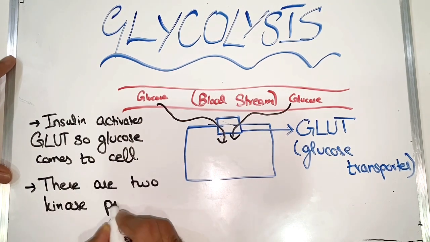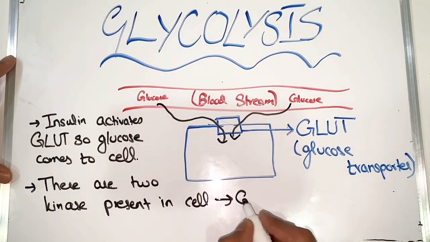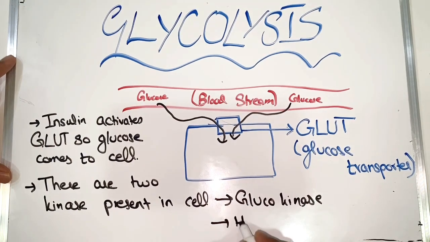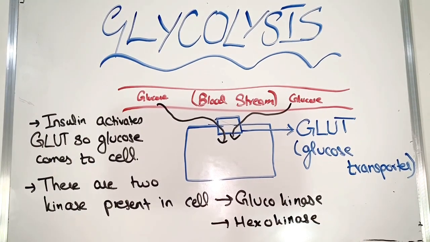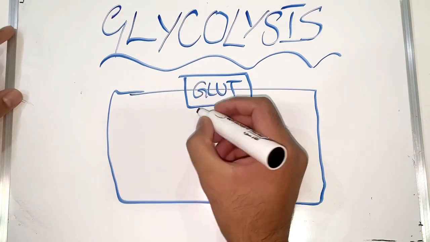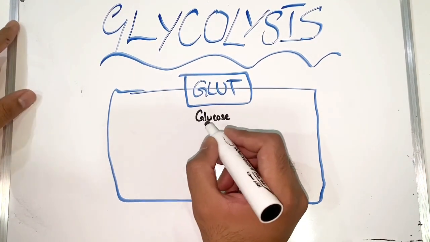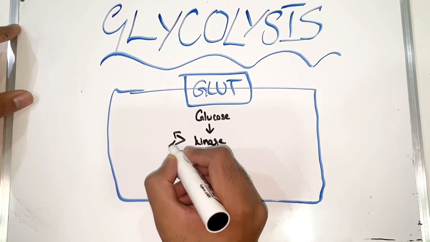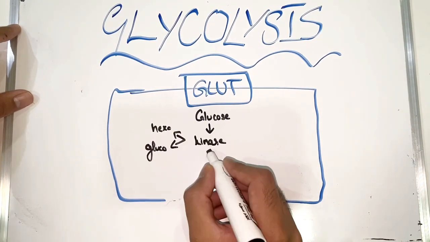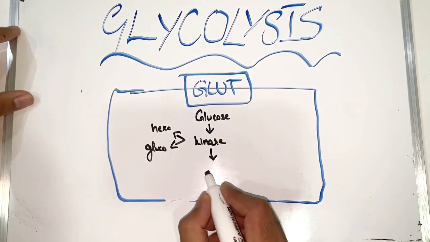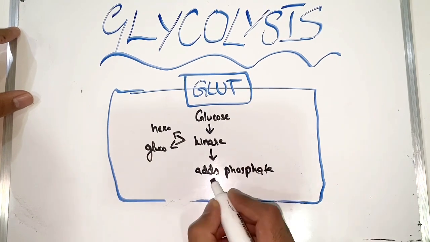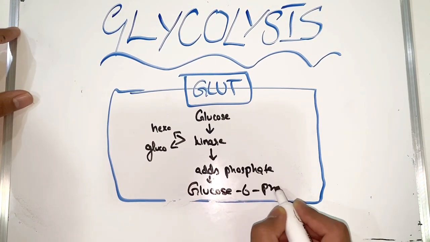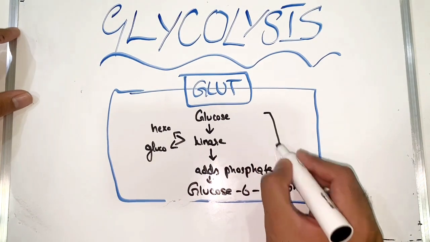First, glucose is converted into glucose 6-phosphate by some kinases called glucokinase and hexokinase. Now let's see how this happens. When the glucose comes inside the cells, the kinases, hexokinase and glucokinase, convert it to glucose 6-phosphate by adding an additional phosphate to it.